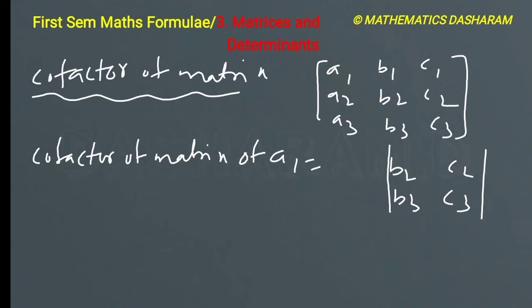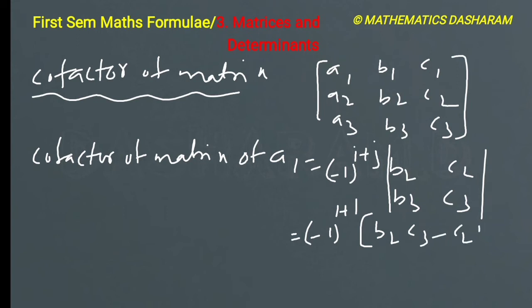This determinant you multiply with minus 1 whole power i plus j. i means row number, j means column number. A1 is in the first row and first column. So minus 1 whole power 1 plus 1 is 2, minus 1 whole square is plus 1, into B2 C3 minus C2 B3.